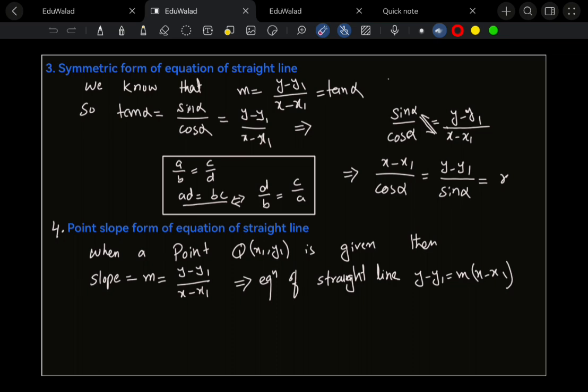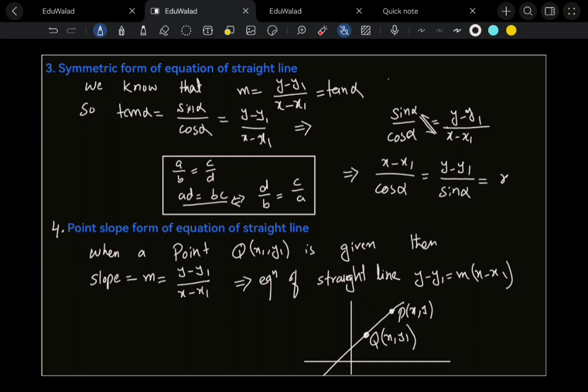So the point slope form of equation of straight line is when one point Q of x1 y1 is given, then the slope form is as follows. Similarly, we draw the xy plane here, and the equation of straight line is passing through there. P of xy is a point on the line, and Q of x1 y1 is another.